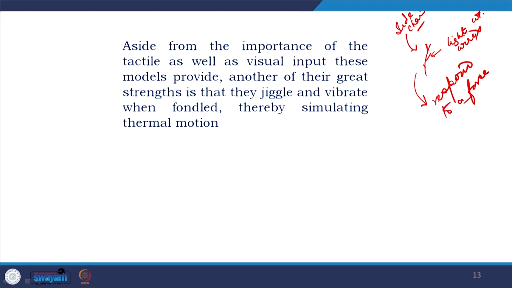Suppose this is one branch and that is the other. If this has bigger amino acids and this has lighter or smaller amino acids, they would jiggle or vibrate differently, giving an idea about the thermal motion.